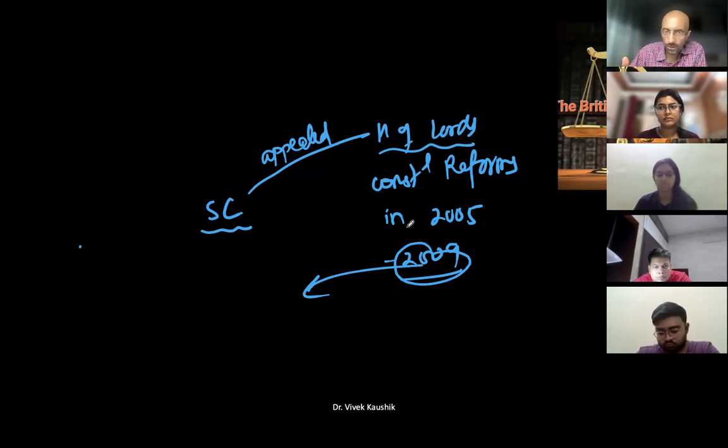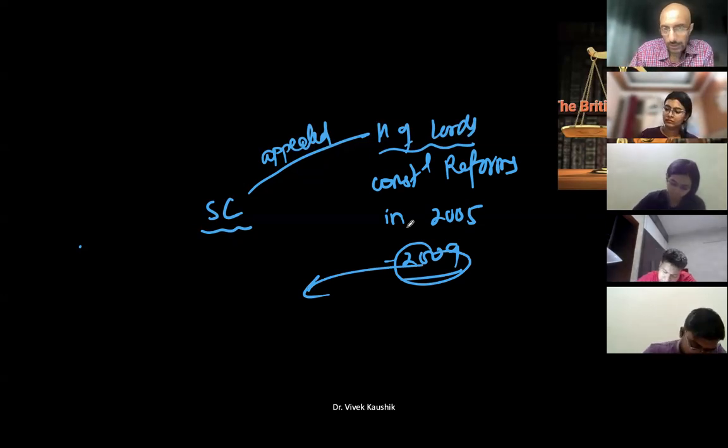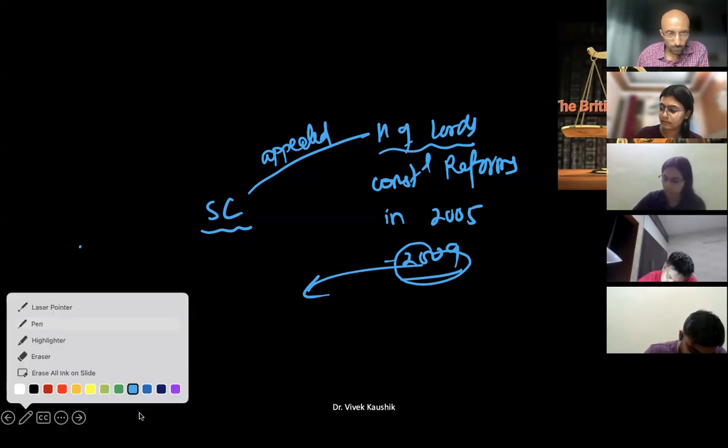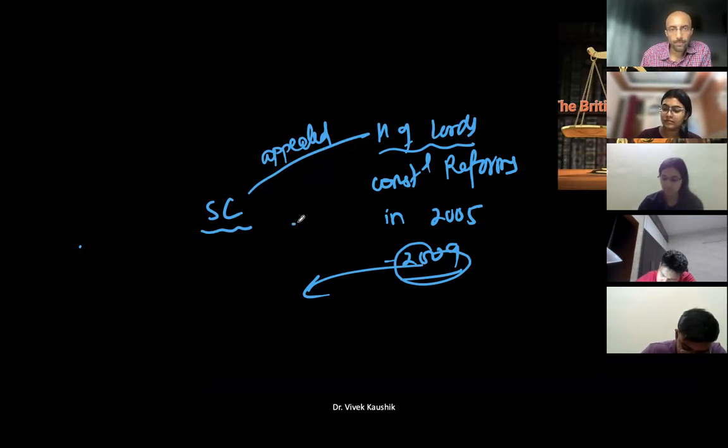But now it has changed. The Constitutional Reform Act 2005 provided for the Supreme Court as the final court of appeal.